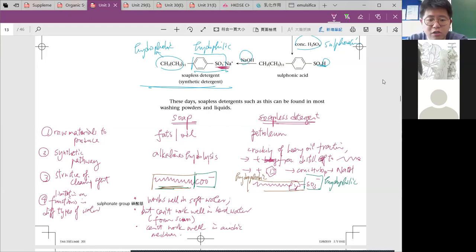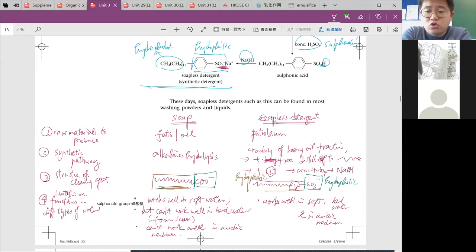Okay, how about soapless detergent? Okay, so this is what we just talked about, the summary of the comparison of those two types of raw materials for making the detergents.